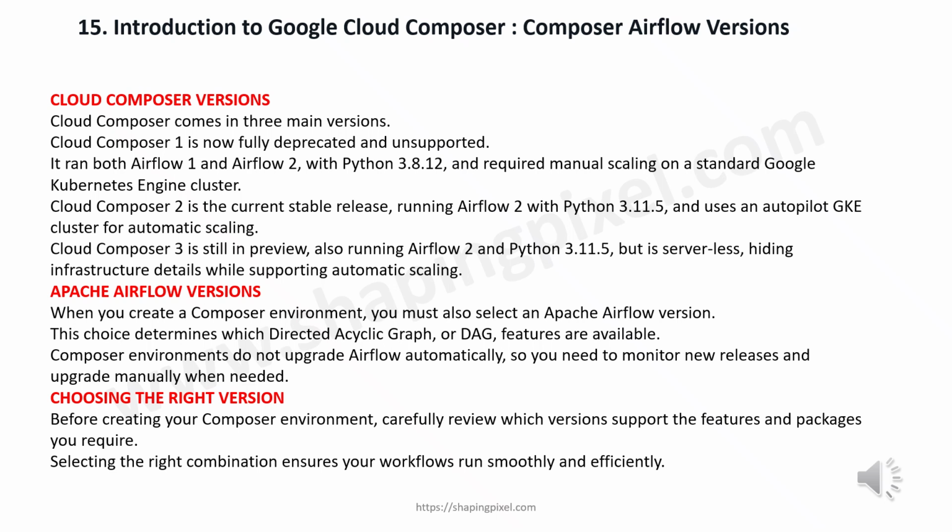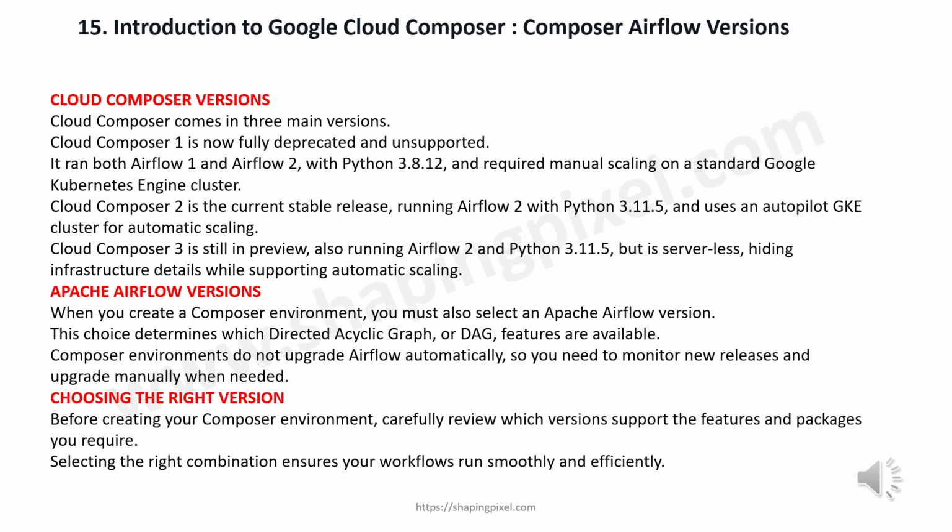Cloud Composer comes in 3 main versions. Cloud Composer 1 is now fully deprecated and unsupported. It ran both Airflow 1 and Airflow 2 with Python 3.8.12 and required manual scaling on a standard Google Kubernetes Engine cluster.